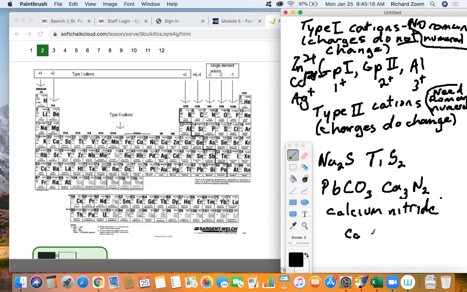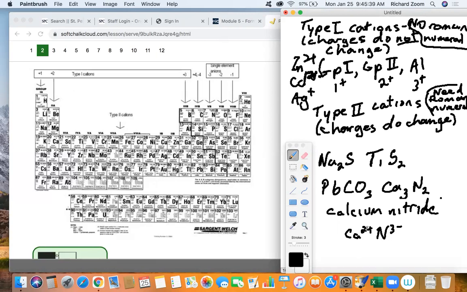Because if we have the charges, we know Ca is 2+, and we know N is -3. You can see that there's no way that just one of each would make that even. So we know we need 2 N's and 3 Ca's to make that match.